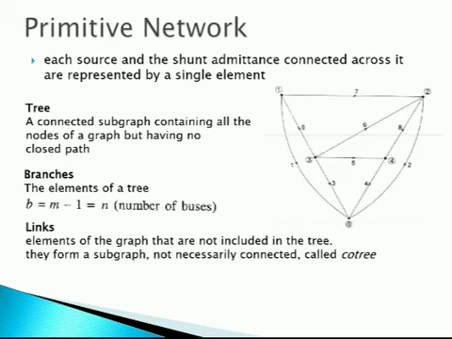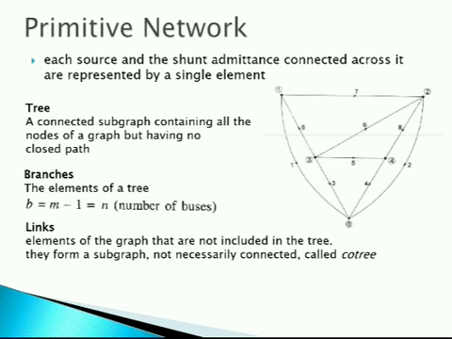So this is a graph, and this is called a primitive network. That means we are not considering here where the source is or where the load is. We are only considering how the network is connected, where the junctions are and where the elements are.